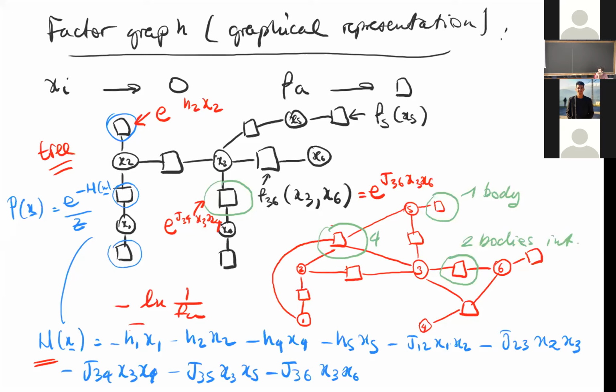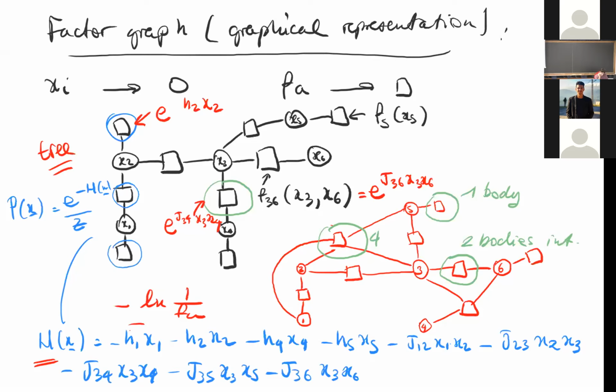For this factor graph, not all of them have an external field. And for the red factor graph, for example, 3, 4, and 6 are connected. And also 3 and 6 are connected differently compared to how 3, 6, and 4 are connected.